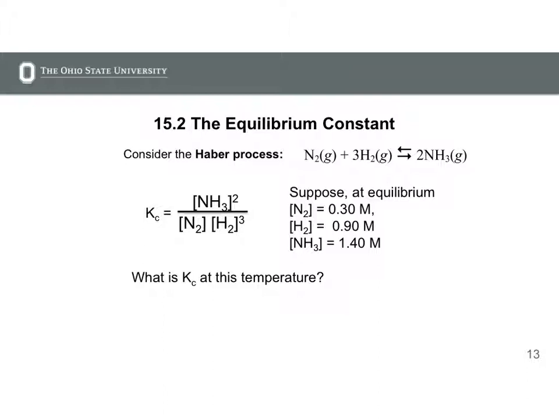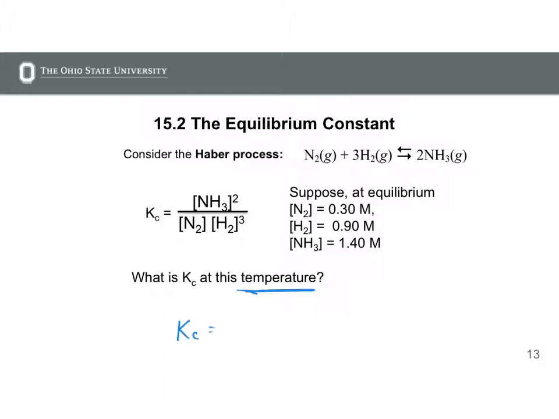We can use those values and calculate K sub C at whatever temperature this was. So K sub C is specific to a temperature. Okay? So what we can do is simply plug these values in to our K sub C expression.